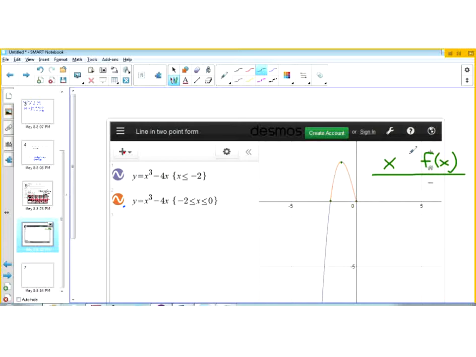The way you would estimate the coordinates, at least for now, since later when we get into derivatives we'll be able to get the coordinates precisely, would be to guess what it is. Maybe there's a symmetric property going on here, but that's not always going to be the case.